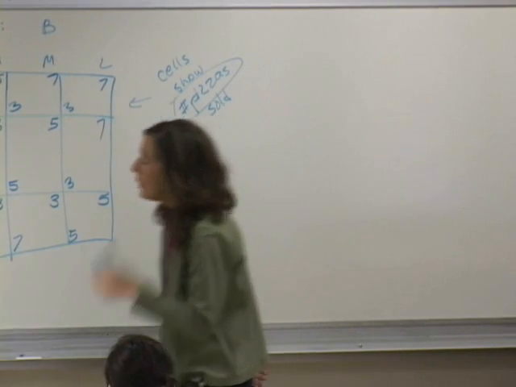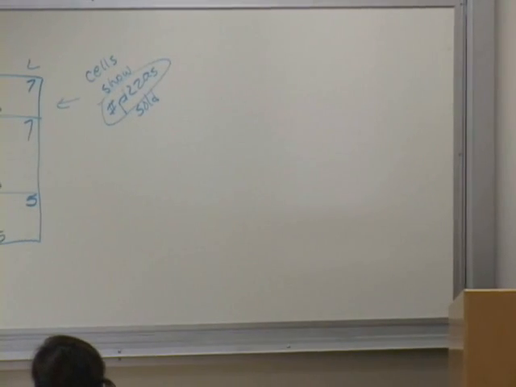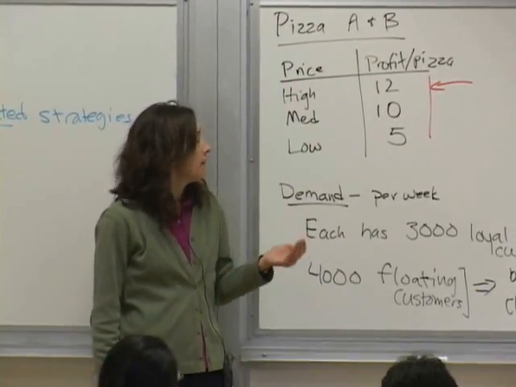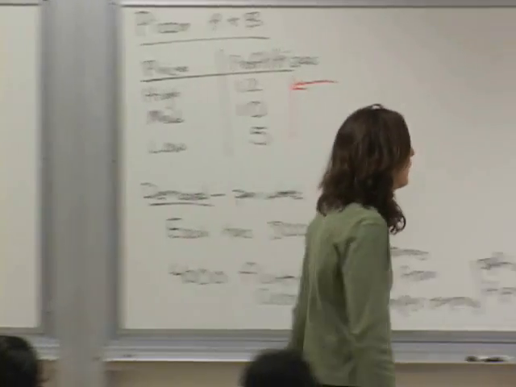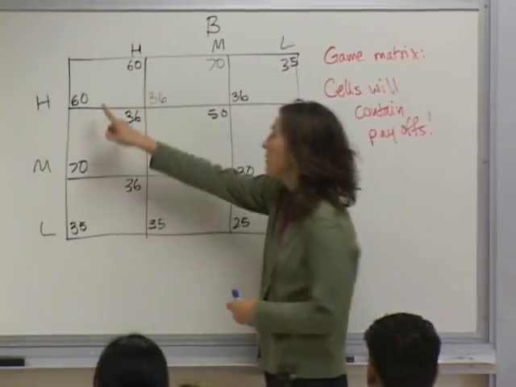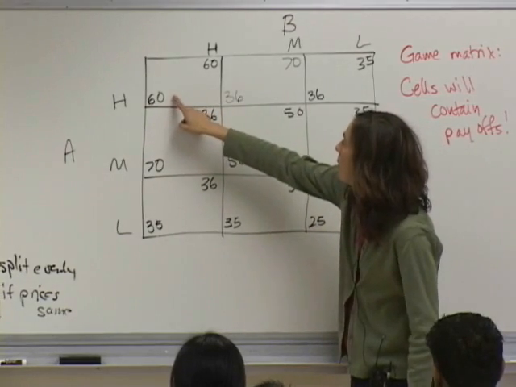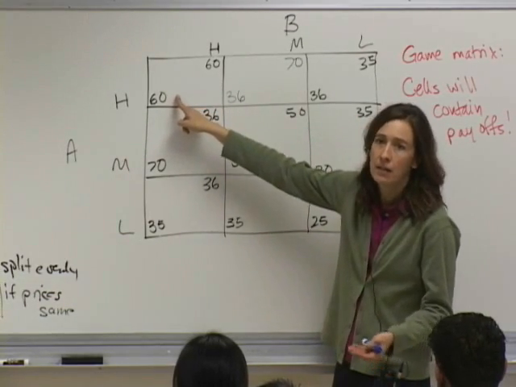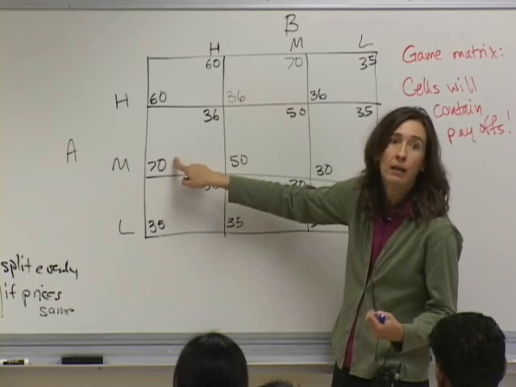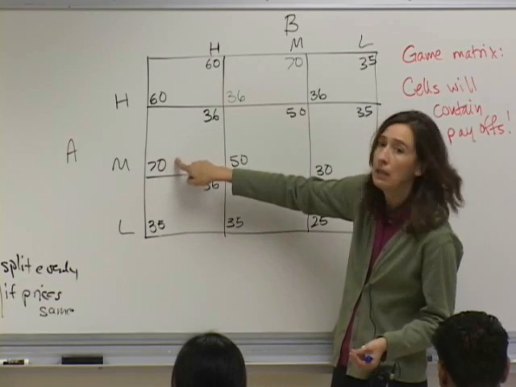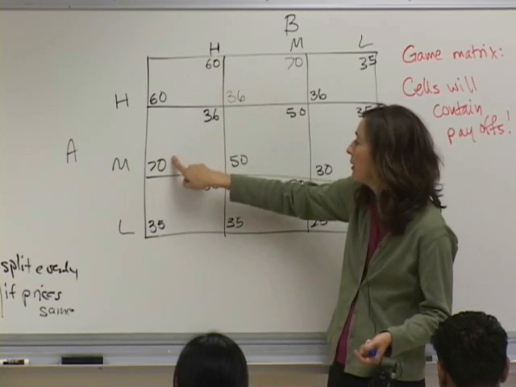Okay, so here's my game, and let's go through the algorithm that I was developing on Tuesday. Let's look to see if anybody has a dominant strategy. I'm just going to start up here, and look at it from the row player's point of view. High is definitely not a dominant strategy because right away we see that player A does better setting a medium price when the opponent sets high.